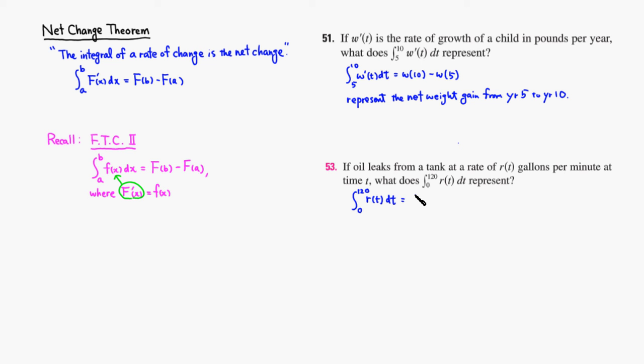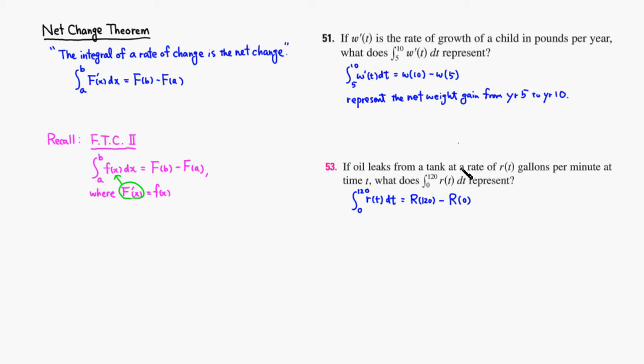I'm going to use capital R of t, the antiderivative, and plug in 120 minus R of 0.